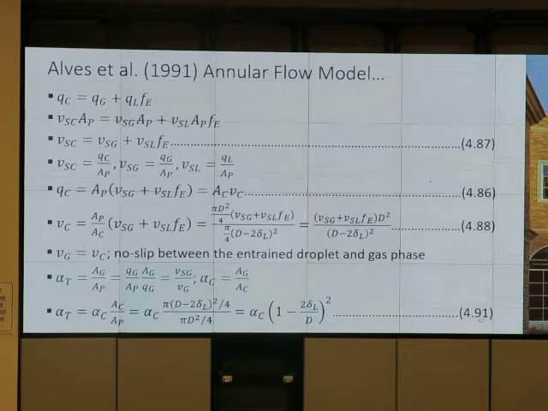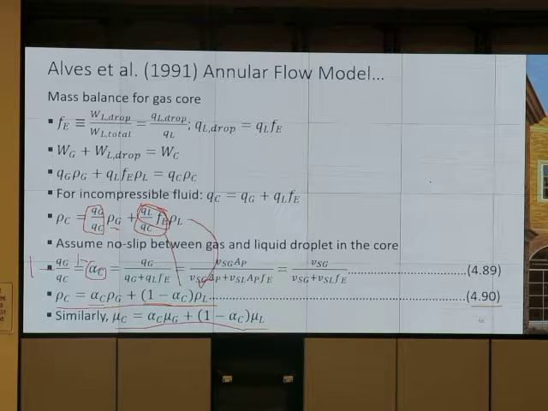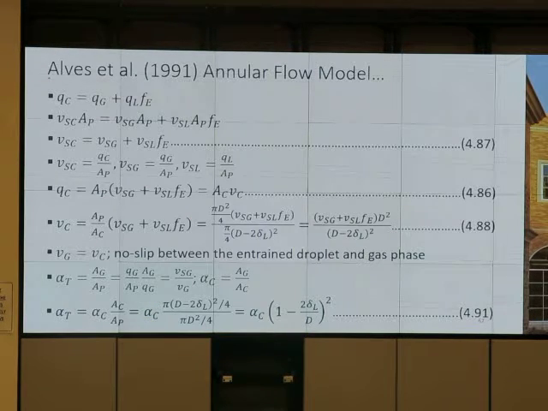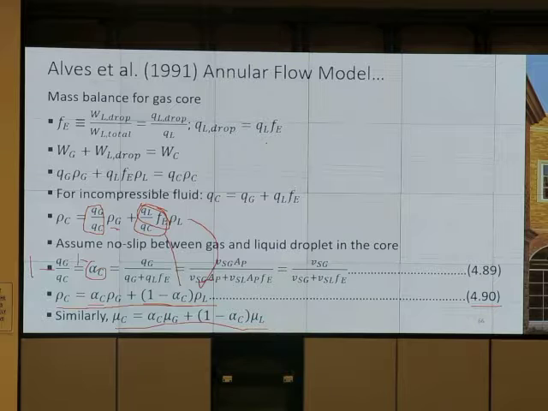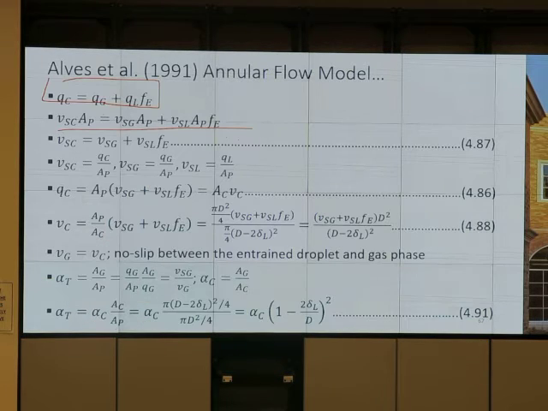Write everything down. From this page, this equation we have seen already. What about this one? Did we talk about that anywhere? VSC, superficial core velocity, is the total core volumetric flow rate divided by what? AP.